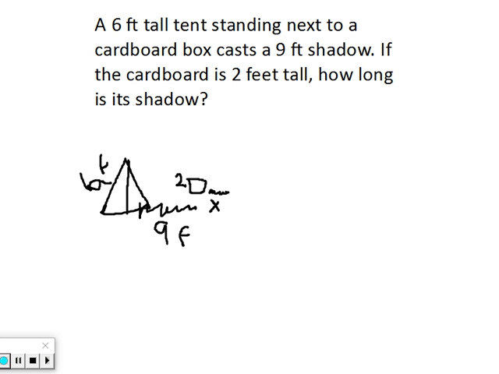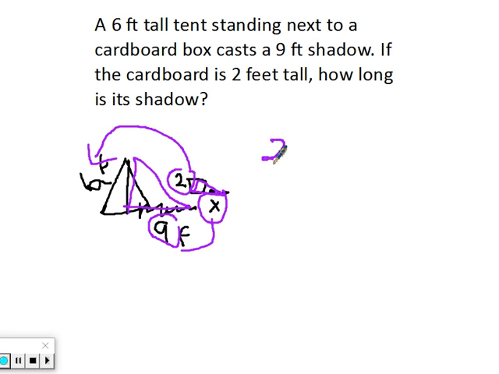All right. Again, same type of problem. This is like a triangle. And 2 will correspond to 6, as X will correspond to 9 because they're both shadows. Okay. All right. So let me put that as, I'm going to go ahead and use the 2 on top and the 6 on the bottom.